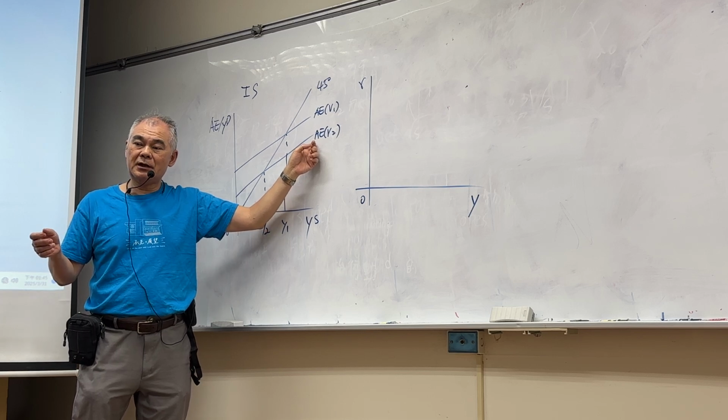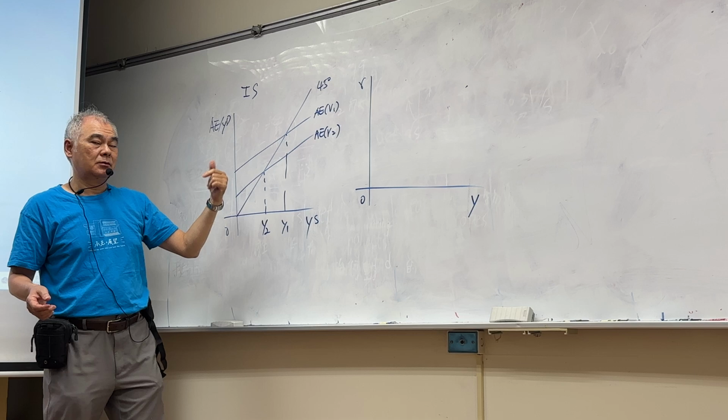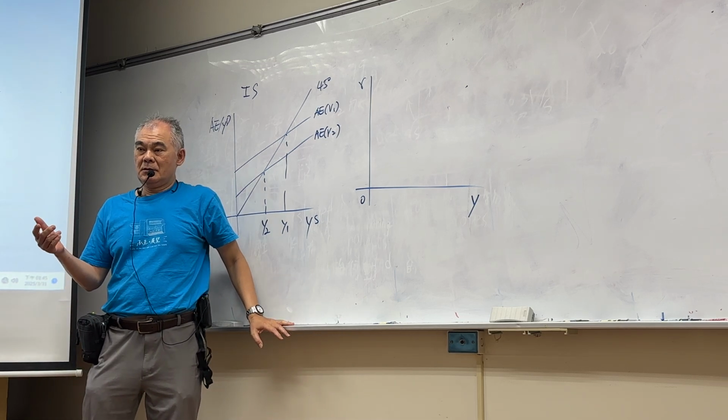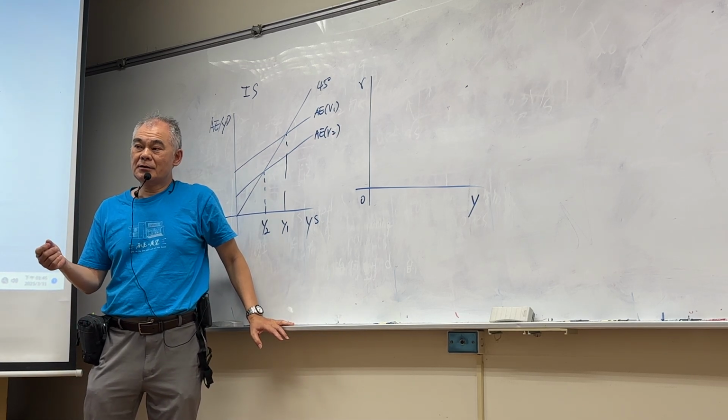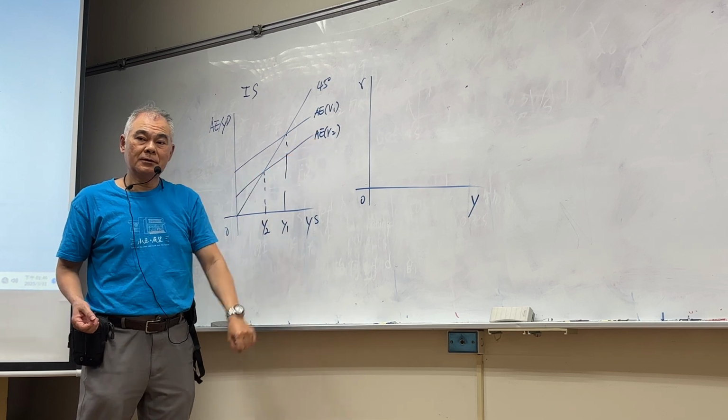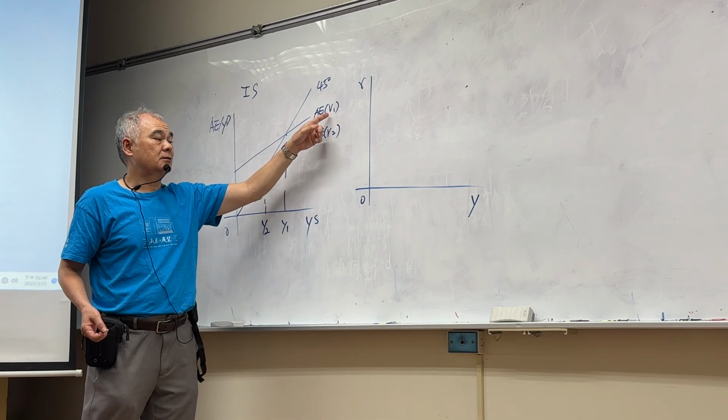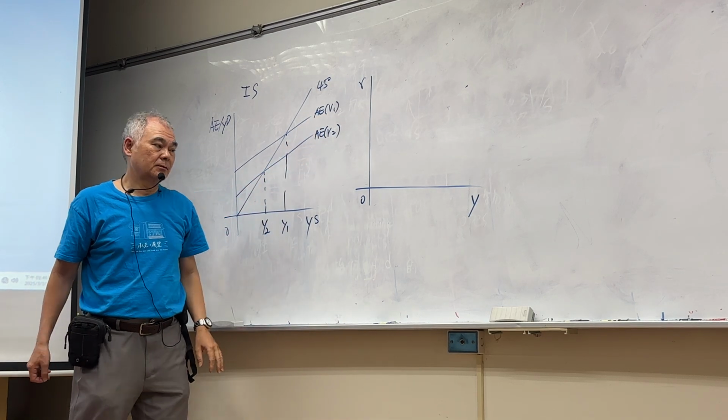But if aggregate expenditure is the same, why do you have two different equilibrium incomes? The point is we have different interest rates. Here is R1 and here is R2.